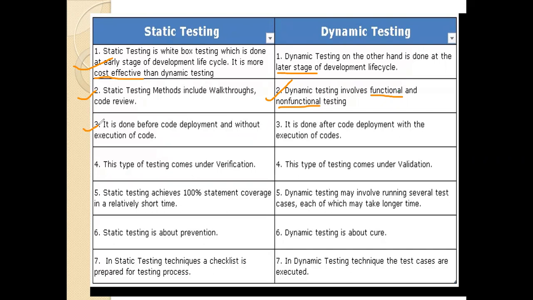Why is it so? Because at this stage you're not giving your product directly to your customers. Before giving your software to your customer, the testing is being done. So code deployment is not done over there, and it will be done without execution of the code.